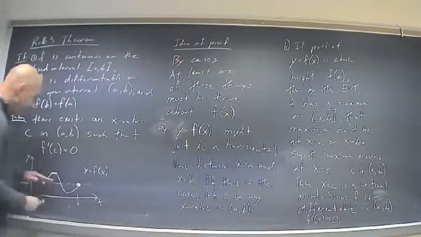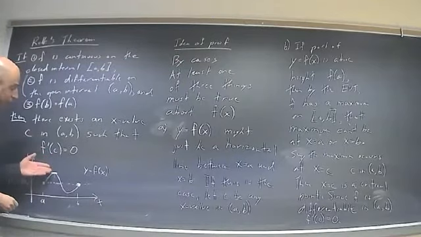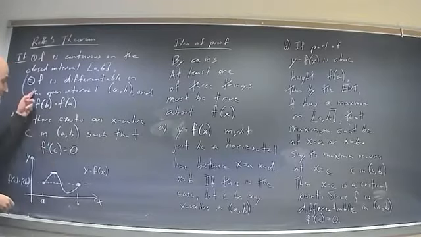So if it goes above this height, there's a highest place, it's a critical point, which means either the derivative equals 0 or it doesn't exist, but it definitely exists because of hypothesis 2, so the derivative has to be 0 there.